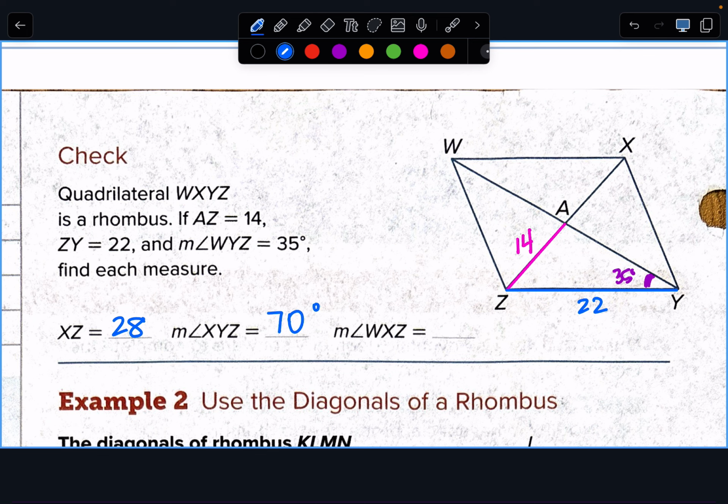Because we double it. Yep. WXZ, this guy right here. What's that one? 55. Yeah, that's what I got. How is it 55? We know that this is 70, which means this is 110.